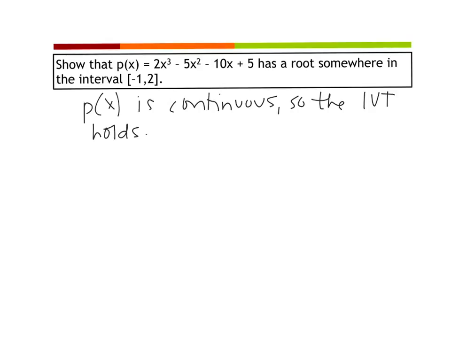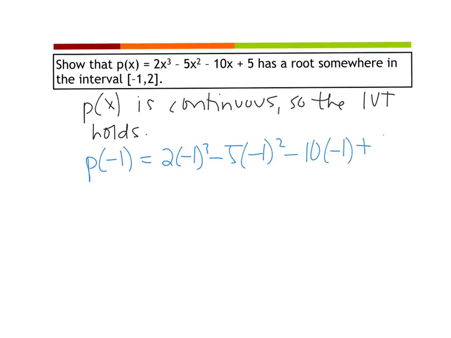Then you find p of -1. Plugging it in: 2 times -1 cubed minus 5 times -1 squared minus 10 times -1 plus 5. That's -2 minus 5 plus 10 plus 5.